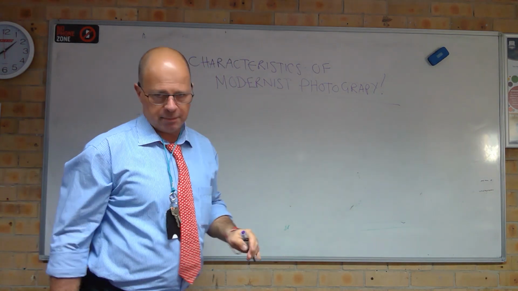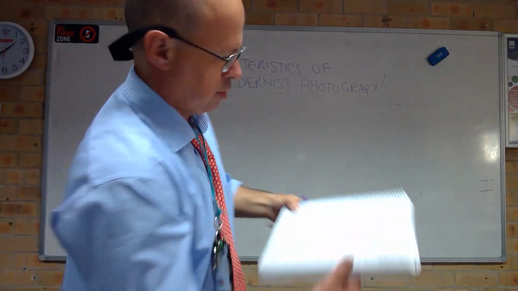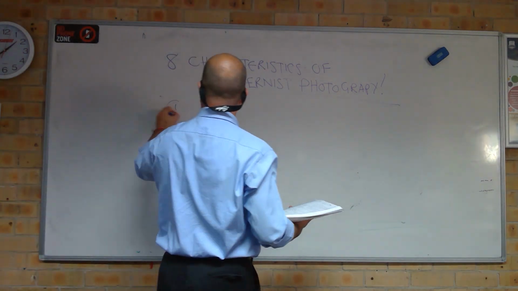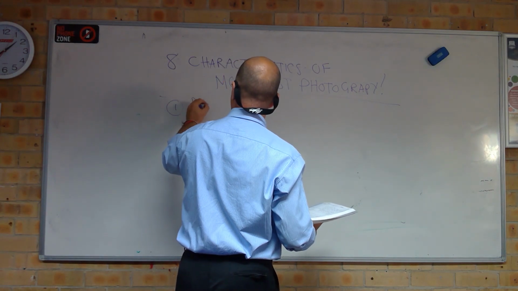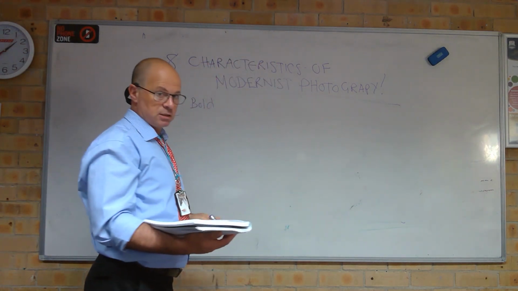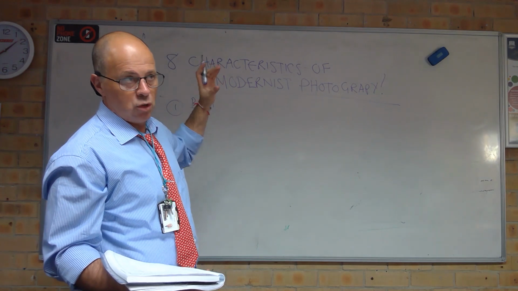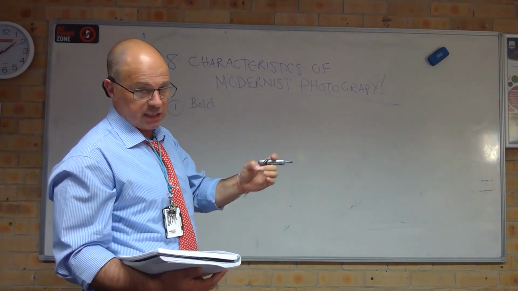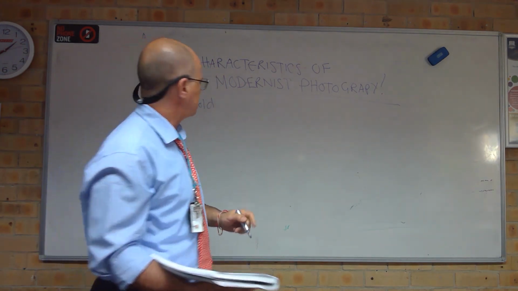We went 1, bold. Now you need to write a full sentence for all of these, and you can obviously go back to all the research that I gave you, that we did in class on modernism and pictorialism as well.